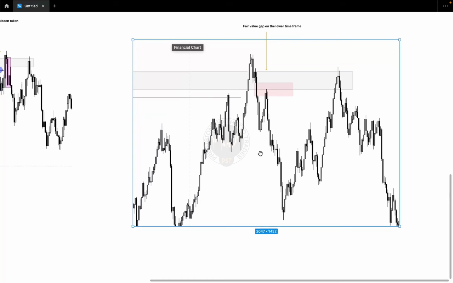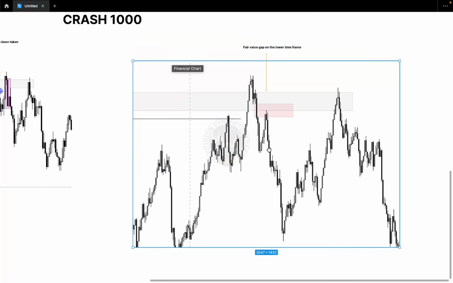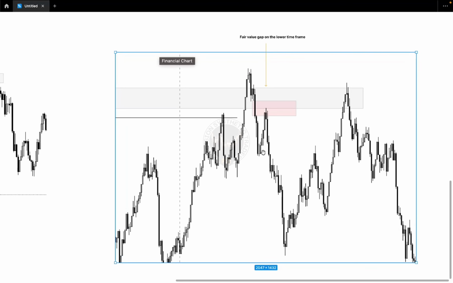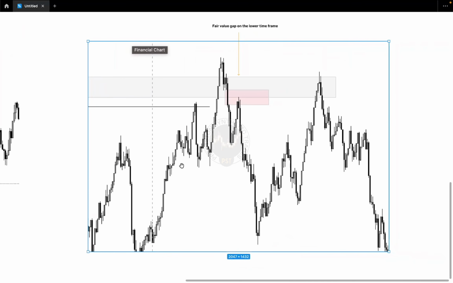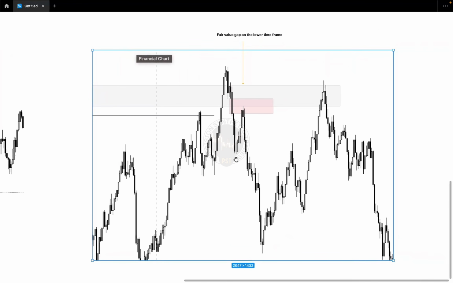But like I said, if you want to be a little bit more conservative, if you don't want to enter on this close, on that close there, then you can wait for price to retrace. In this case, this was a beautiful trade. When price retraced to the 50%, what did the market give us?